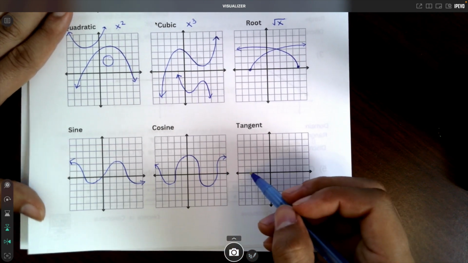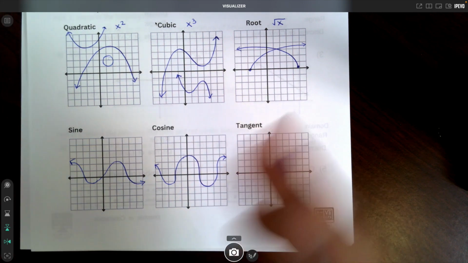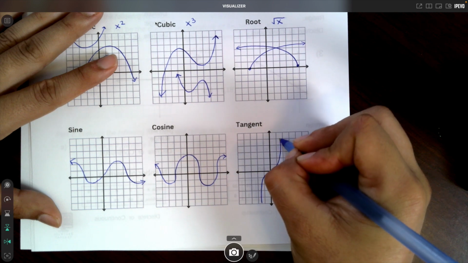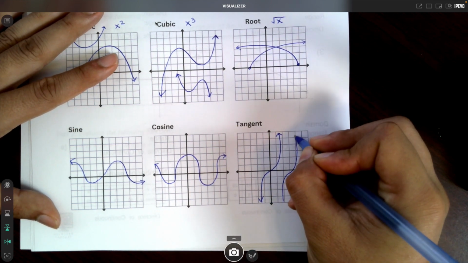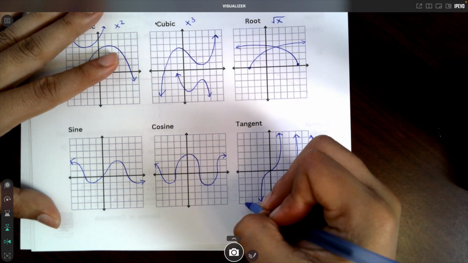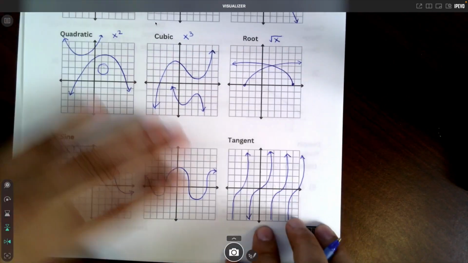And then a tangent, I see these more in vital machines, like when you go to a hospital. They do stuff like this. These have asymptotes, and they have a very unique pattern. And nonetheless, all of these are patterns.